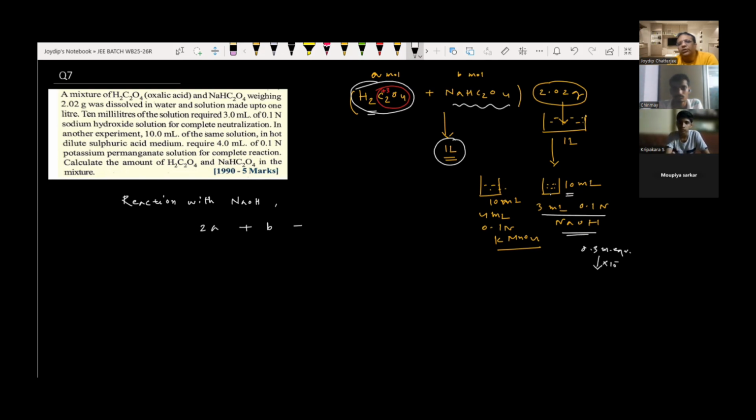Milliequivalents we can convert to equivalents, so this will be 0.3 into 10 to the power -3 equivalent, for 10 ml. So for 1000 ml, what will be the total number of equivalents?